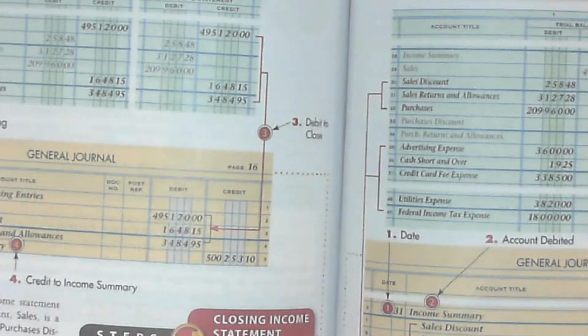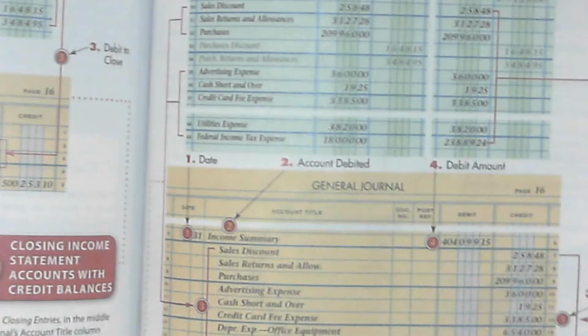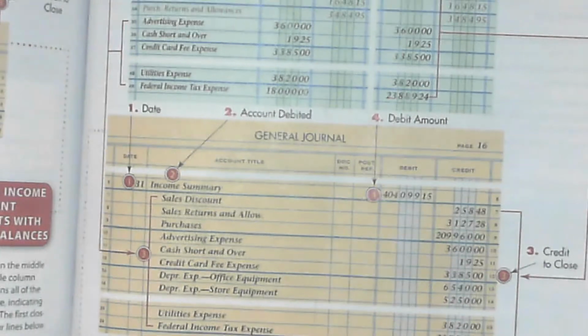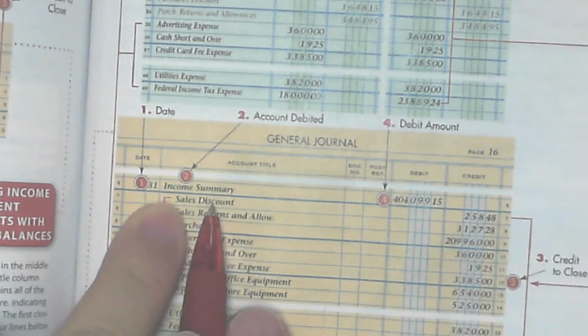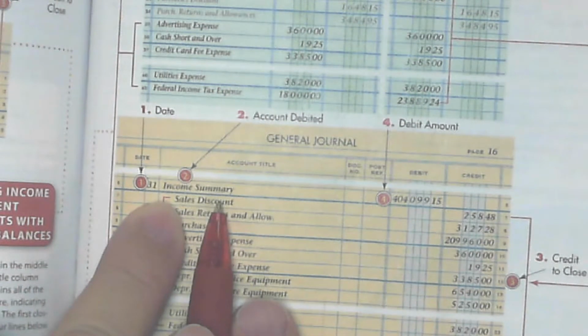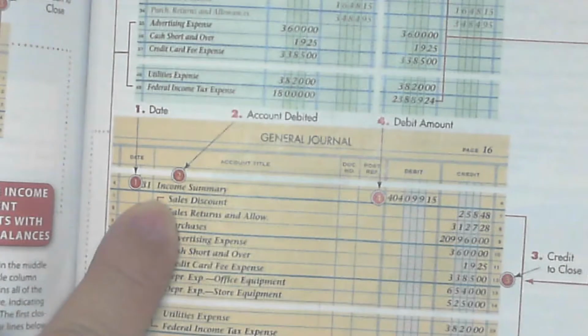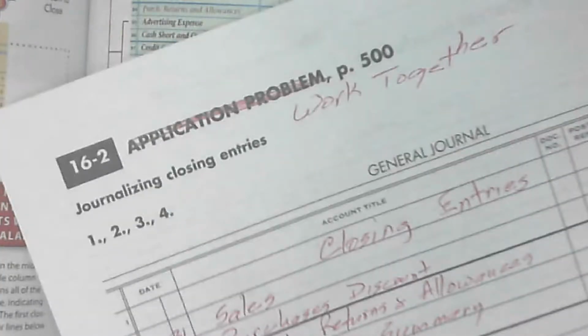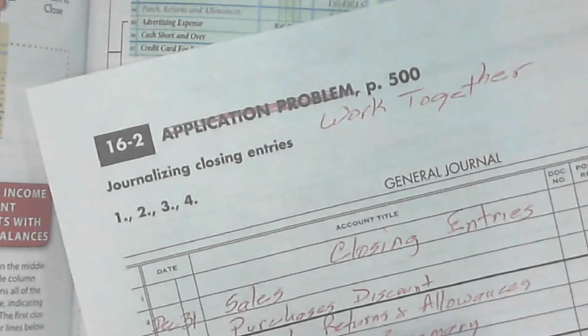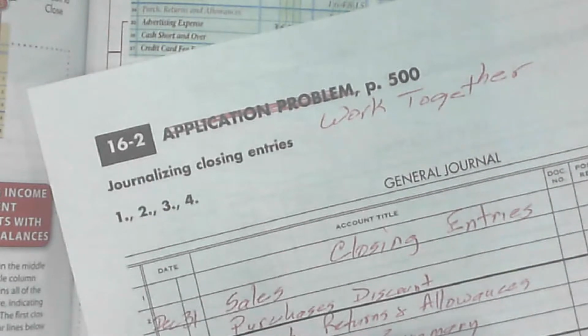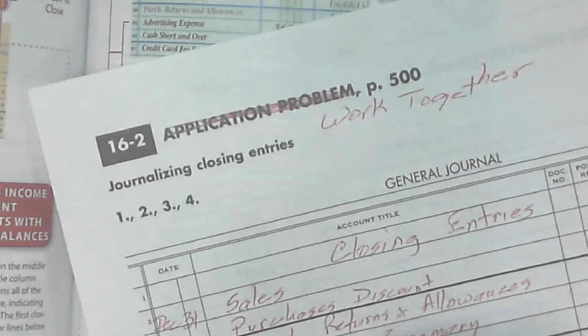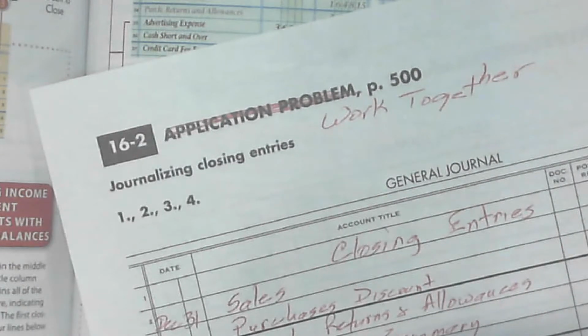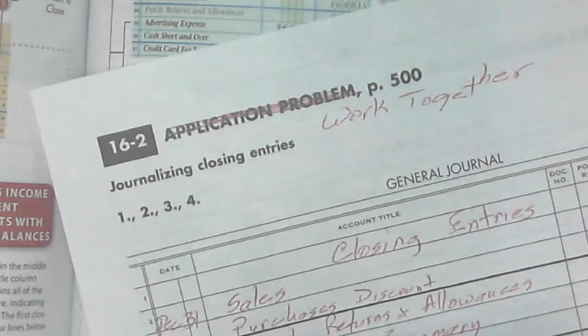Okay, now for the next step, we're going to list income summary again, and December 31st.